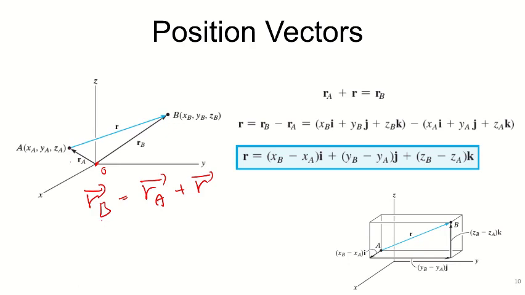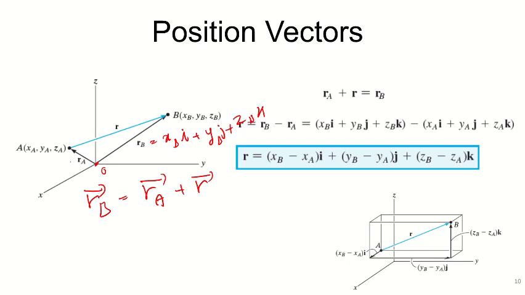So RB, we know that the coordinates of B are XB, YB and ZB. So RB can be expressed as XB i plus YB j plus ZB k, right?